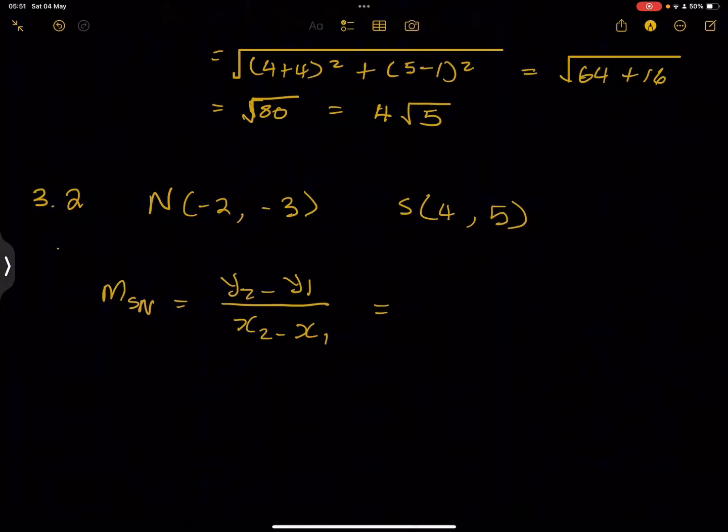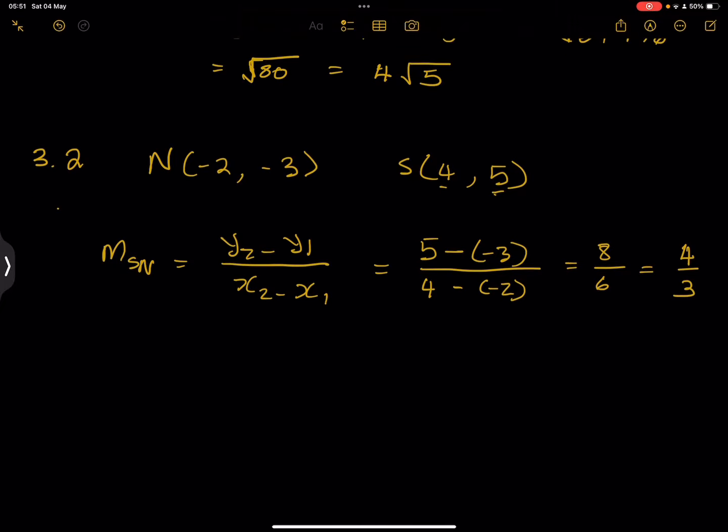So let's substitute: that's 5 minus a negative 3, divided by 4 minus a negative 2. 5 minus a negative 3 gives me 8, and 4 plus 2 gives me 6. If I make that easier, that becomes simply 4 over 3. So that's my gradient for SN there.